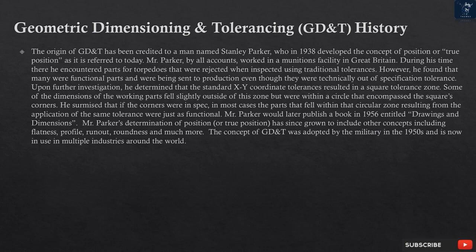Mr. Parker's determination of position, or true position, has since grown to include other concepts including flatness, profile, runout, roundness and much more. The concept of GD&T was adopted by the military in the 1950s and is now in use in multiple industries around the world.